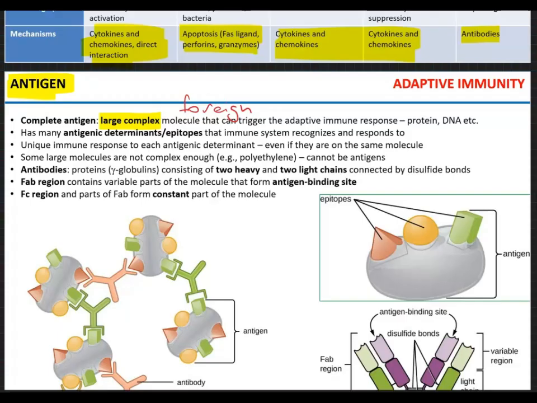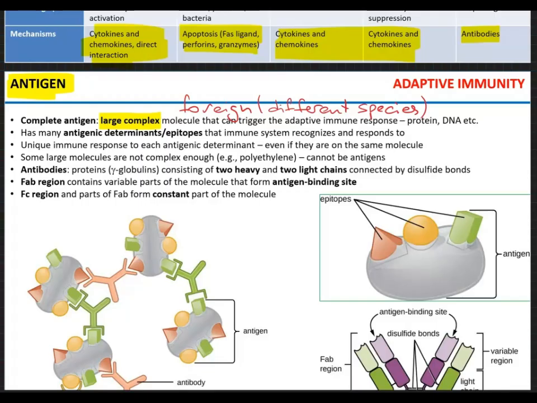Usually, since our conversations are concerned, they rotate around humans and mammals in general. Foreign means different species. So large and complex molecules, the most common antigens are proteins, but it can be carbohydrates, can be DNA, and so on. So they all are large and complex.